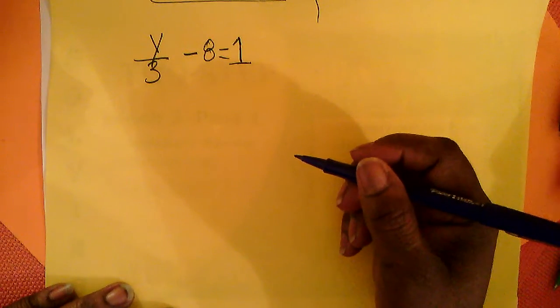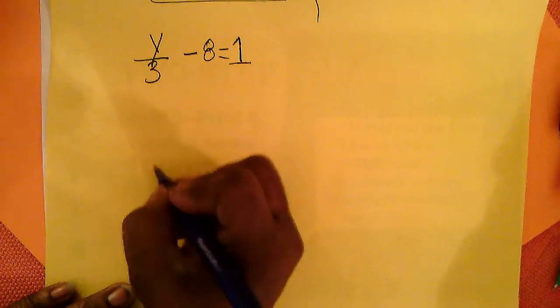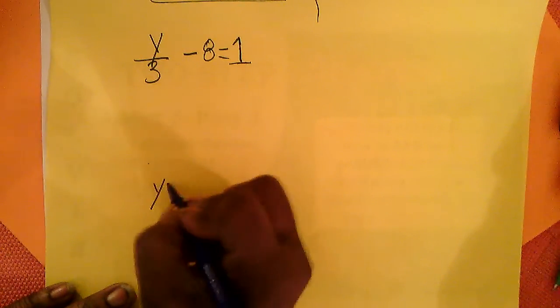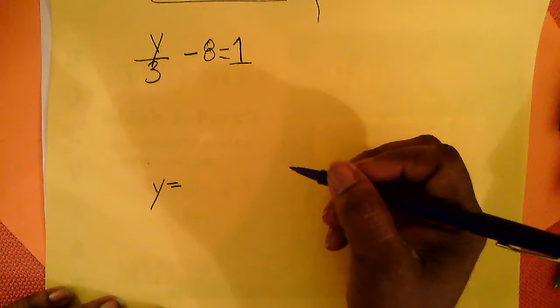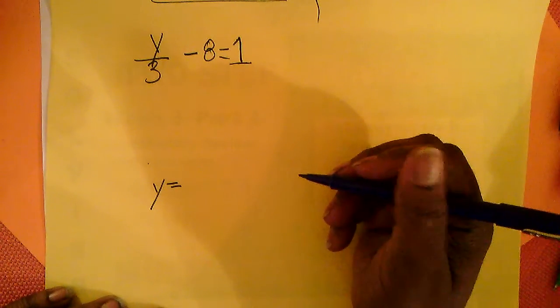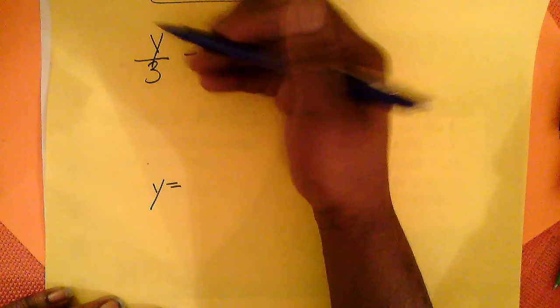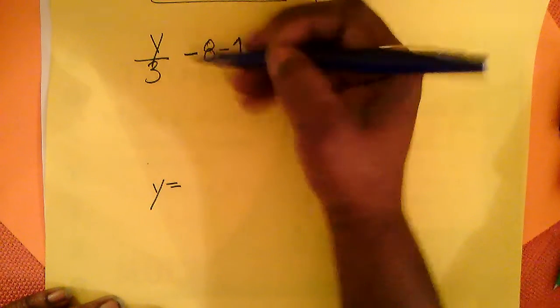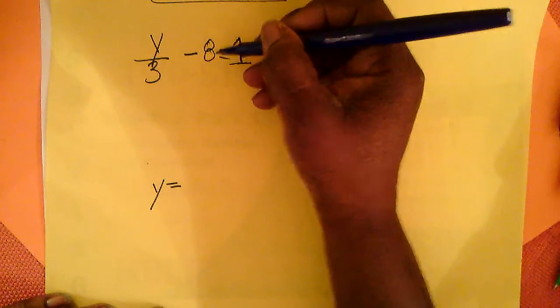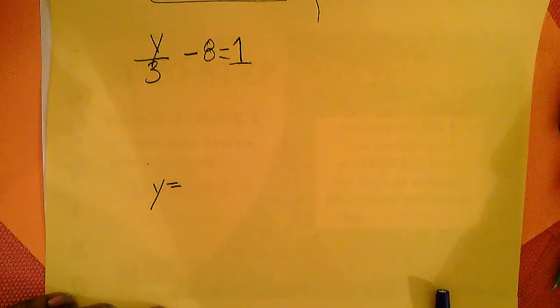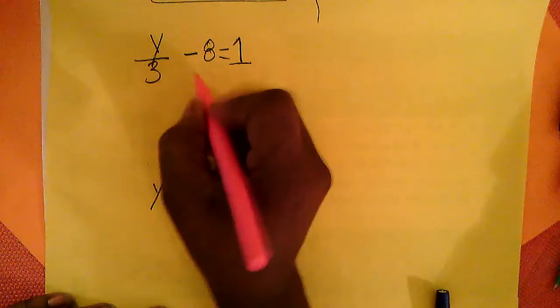Once again, we want to solve for y, which is our variable. In order to do that, first we look at the terms here, which is y over 3 minus 8. I know I want to move my 8 to the other side, and to do so, I have to do the opposite, so I'm going to add 8.